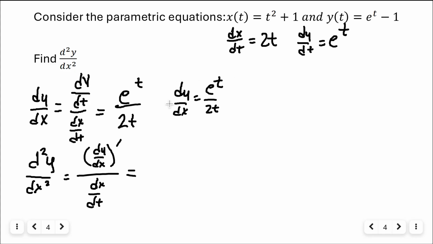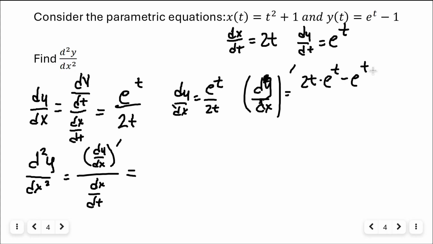So I'm going to find the derivative of e to the t over 2t. I'm going to use the quotient rule. So that's 2t e to the t minus e to the t times 2, over 2t squared.